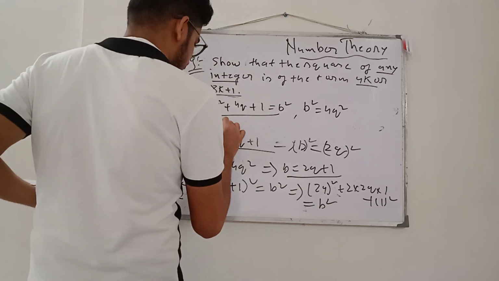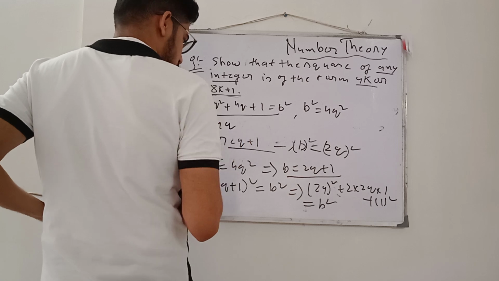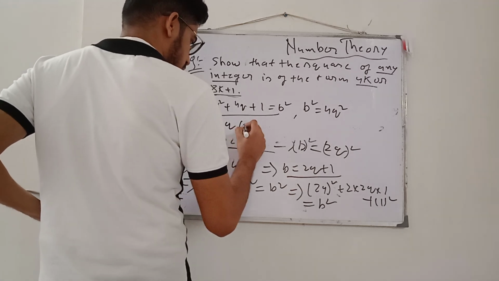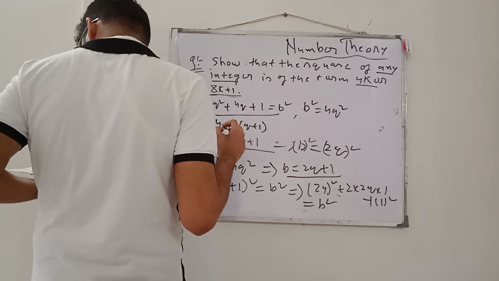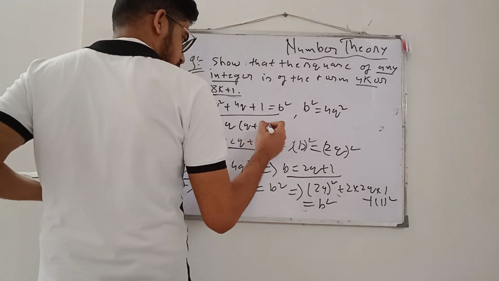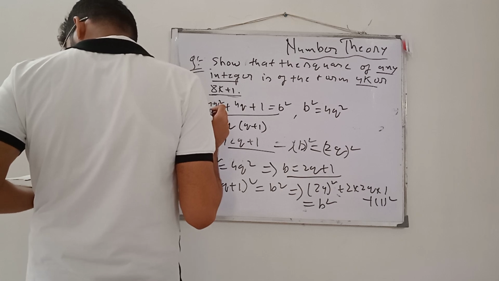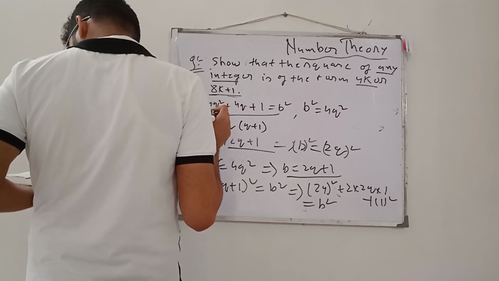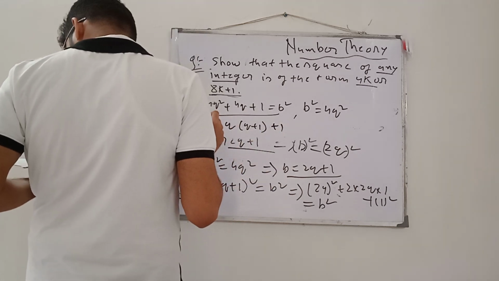Okay, so we can write it as 4q into q plus 1, plus 1.